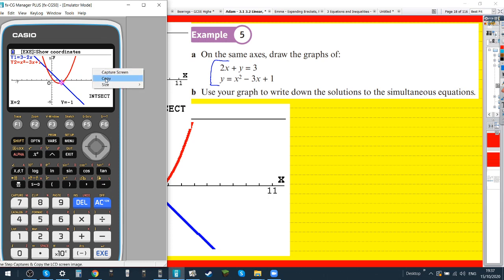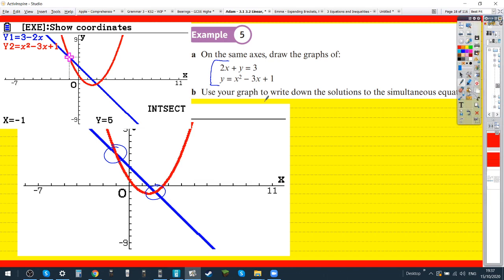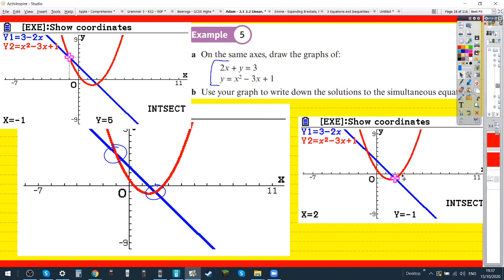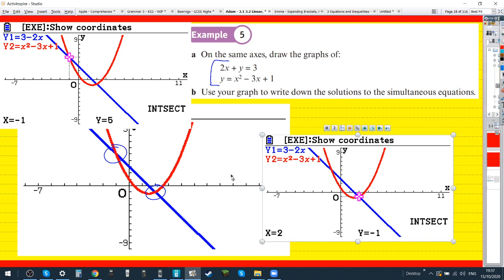Let me just copy that and paste it there. There we go. And so, yeah, 2, minus 1 and minus 1, 5. You have to put them into the form of y equals. The second one was already y equals.